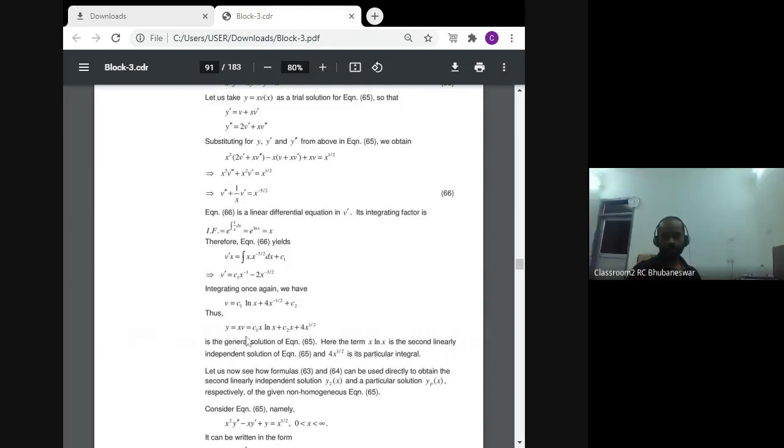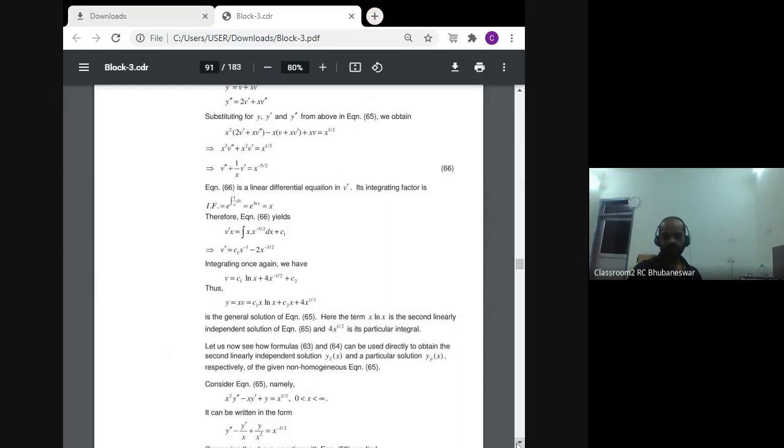So this is the trial solution, and we are again substituting back the value of v to get the general solution of the differential equation. So in this way, you can find out the solution of a differential equation by reducing its order, but the condition is that one of the solutions is given to us. Otherwise, we have to find out a solution by using fit and trial method.